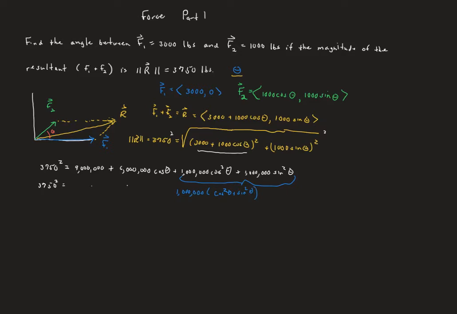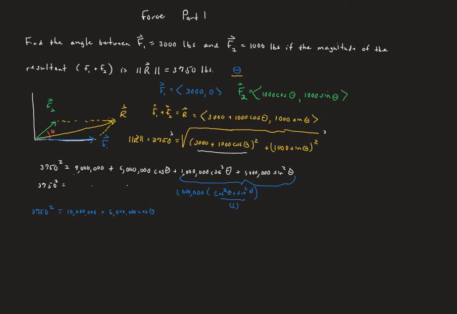So that's 1 times a million, a million, added to the 9 million makes 10 million, plus 6 million cosine theta, and that's equal to 3,750 squared.